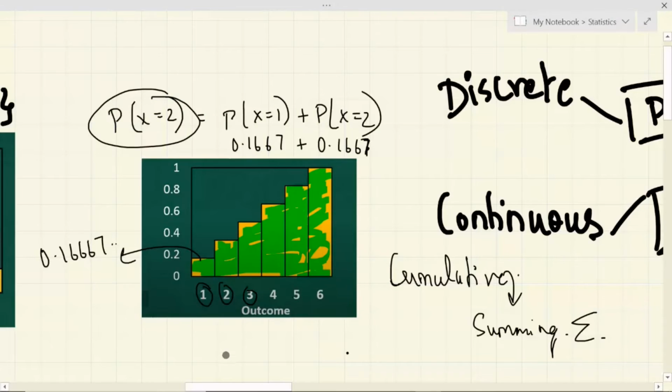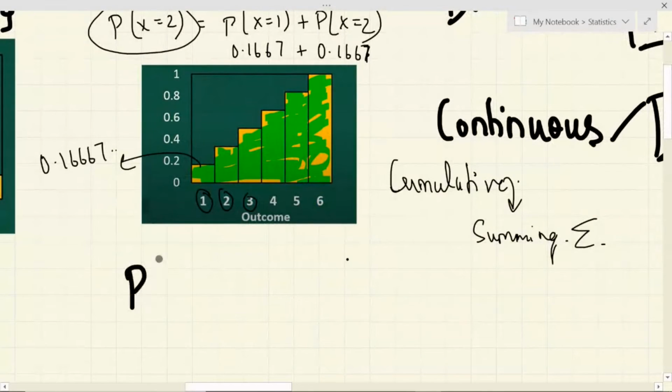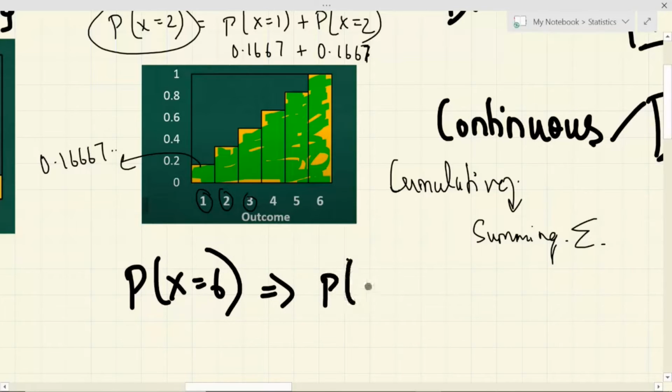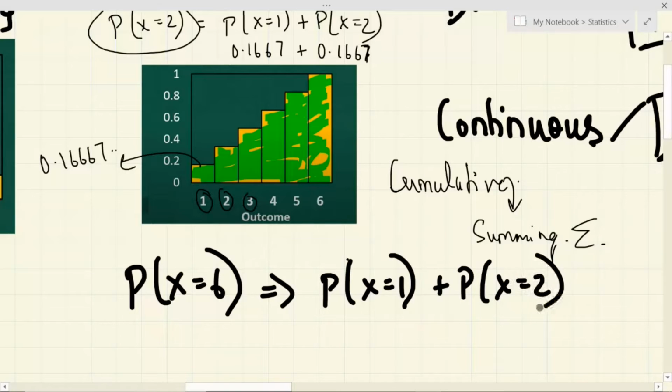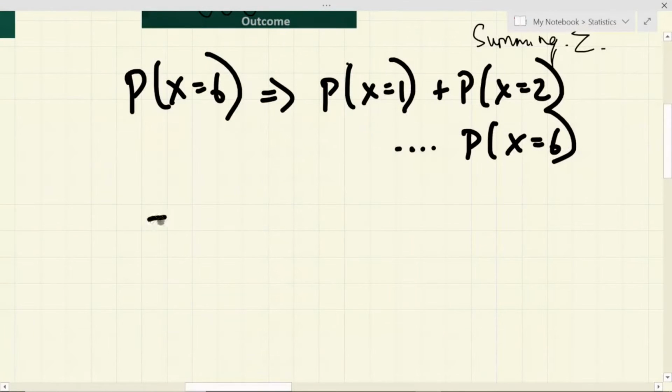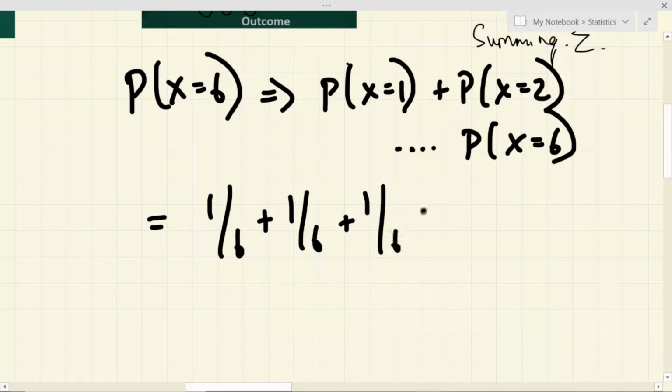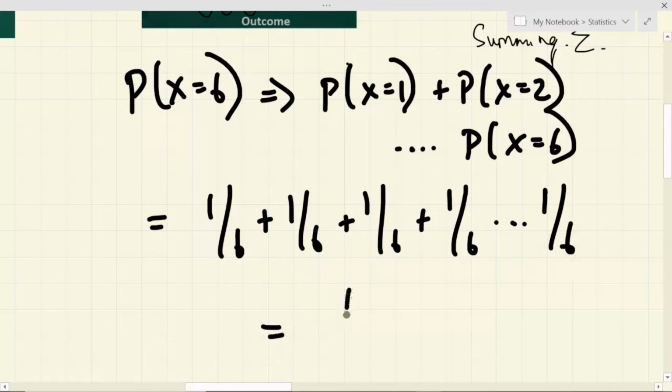So when we consider till 6, of course the probability of 6 is going to be 1, right? When we say probability of 6, it's going to be the sum of the probability of 1 plus the probability of 2 and so on till the probability of 6. So of course it's going to be 1 by 6 plus 1 by 6 plus 1 by 6 and so on, plus 1 by 6, which is 6 by 6, and of course it's going to be 1.